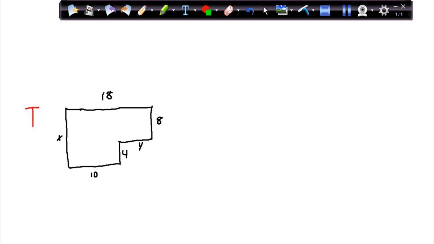From here to here is 8, but if you keep going all the way down, on the opposite side, it also equals what? 4. You see, that's X. So then we know that this entire side of X is 8 plus 4.